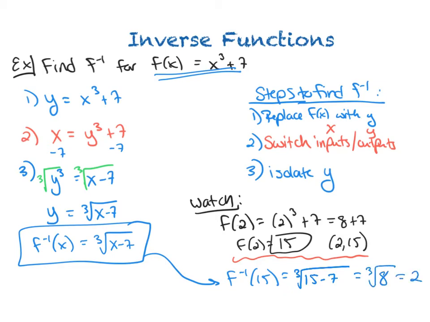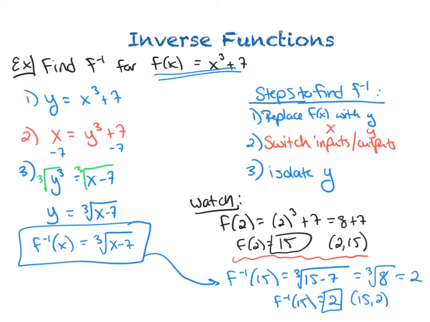The cube root of 8 is 2. So f inverse of 15 brings us back to 2. So while the ordered pair x is 2, y is 15 is on f of x, x is 15 and y is 2 is on f inverse.